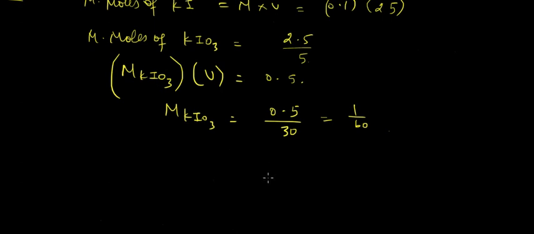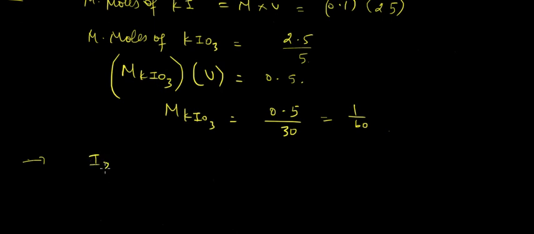So total moles of the I2 that was produced in the first step would be used in the second step. We cannot equate the milliequivalents of I2 in both the cases. We have seen this case in some previous lectures.